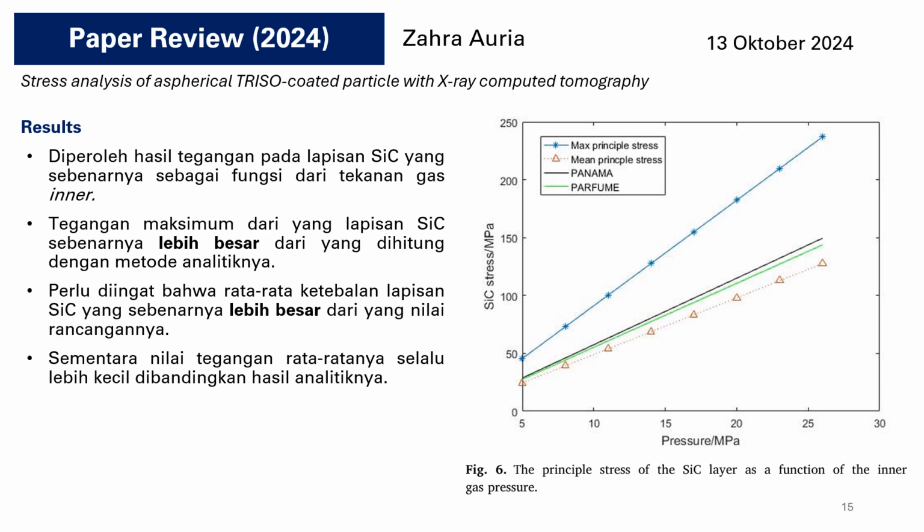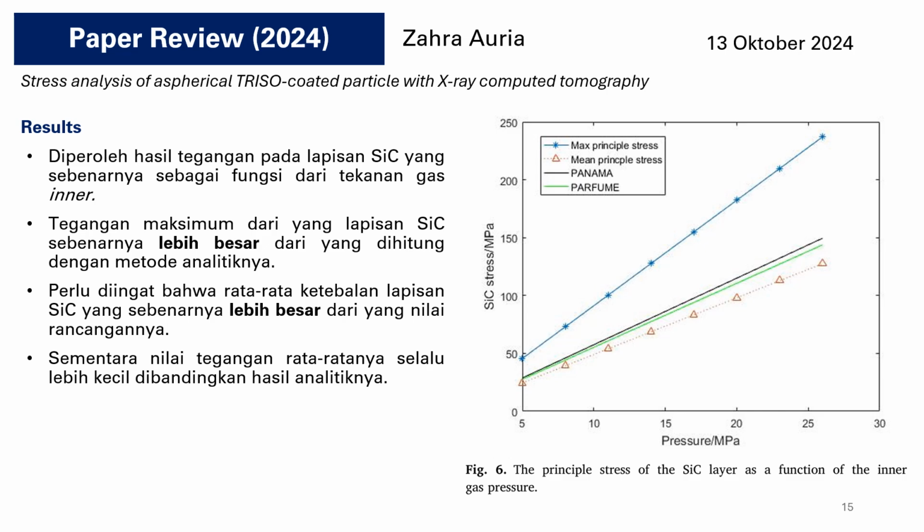So here we obtain a stress result on the actual silicon carbide layer as a function of inner gas pressure, and we can see that the maximum stress on the actual silicon carbide layer is larger than the calculated ones from the analytical methods.